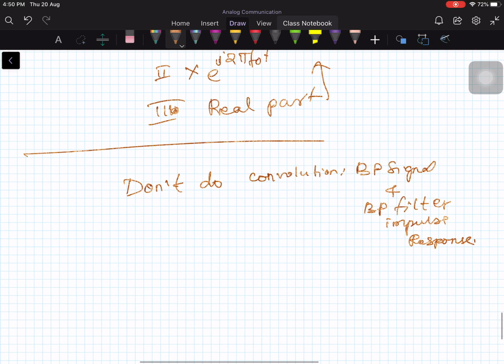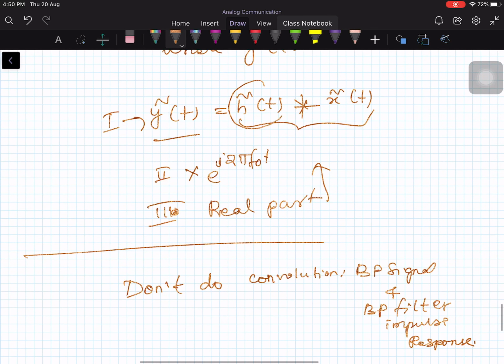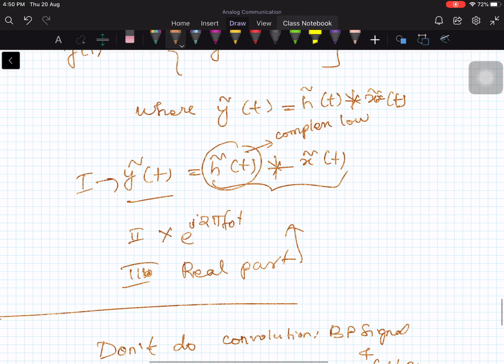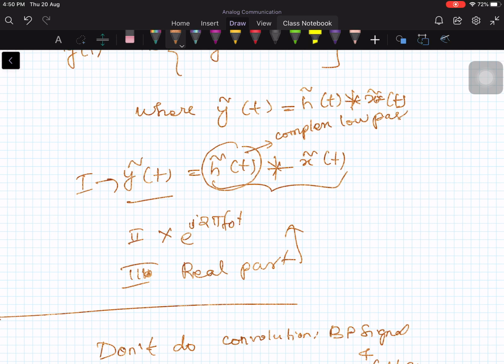So, what is this? This is the complex low pass representation of the band pass filter. And what is this?